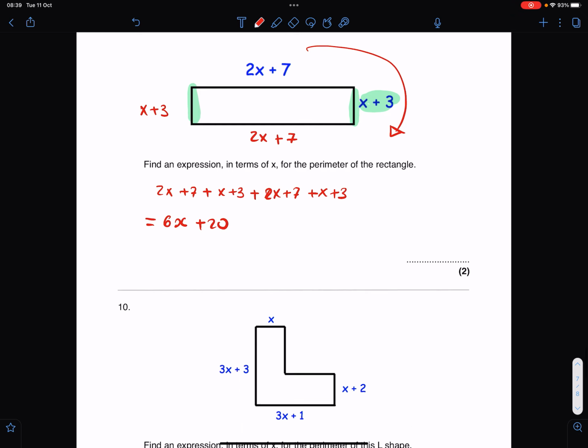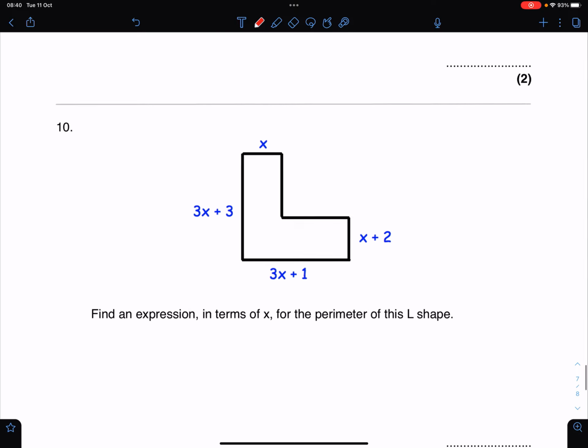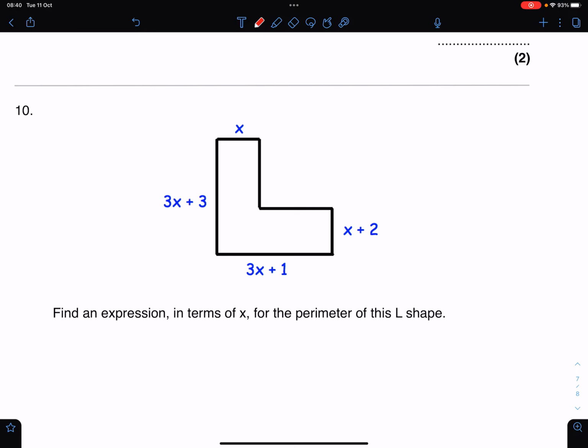Okay? And the last question that we are going to write down is 10, which is a little harder. Because the shape given over here on 10 is not a regular shape. It's a compound shape with L shape. We call it L shape, okay? So to find out the perimeter, we need to know all sides of the shape.